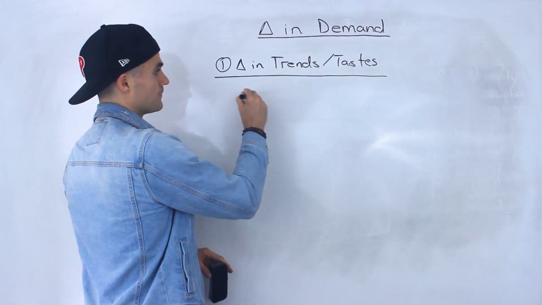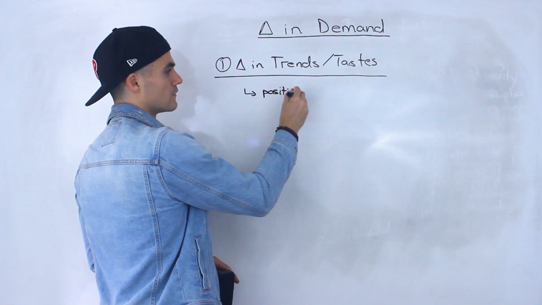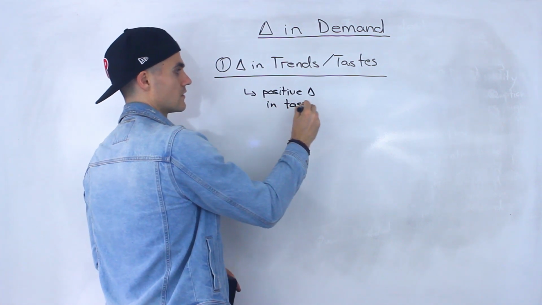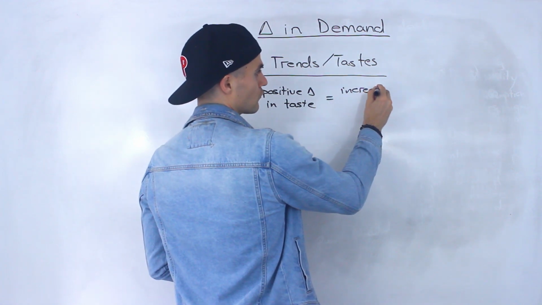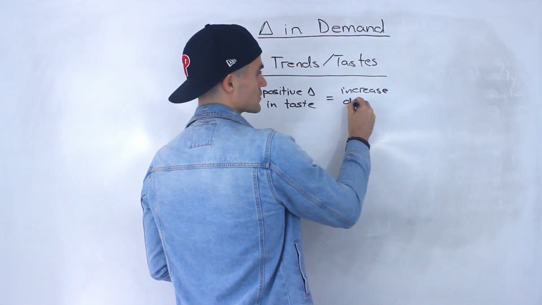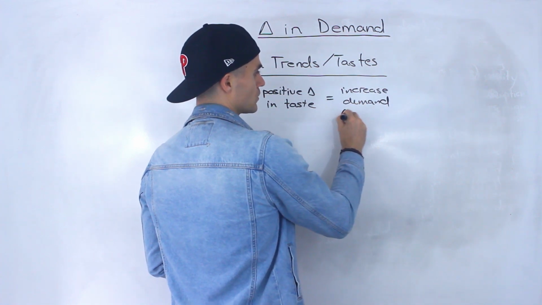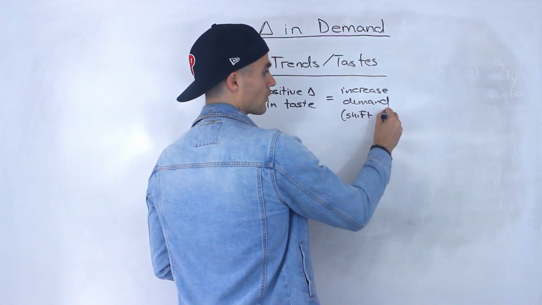And basically, a positive change in taste or trend is going to increase the demand for a certain good or service or product, which makes intuitive sense. So it's going to shift that demand curve to the right.